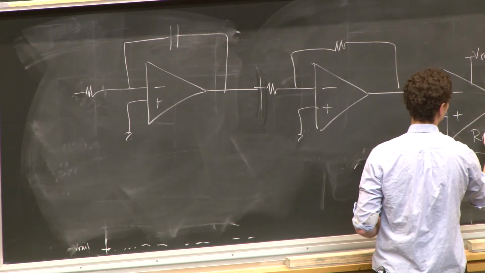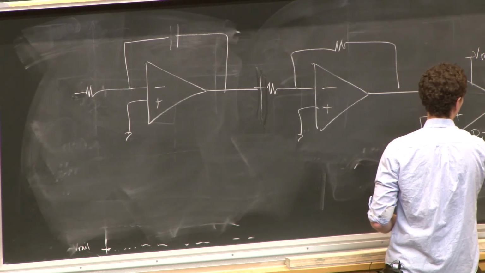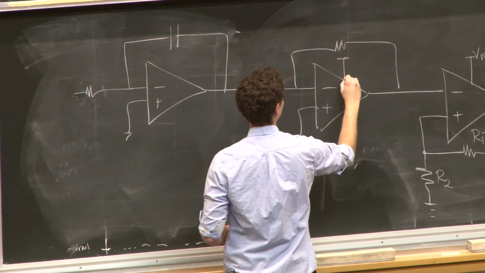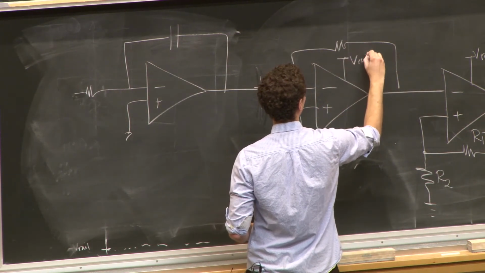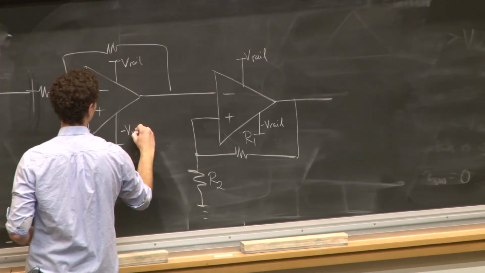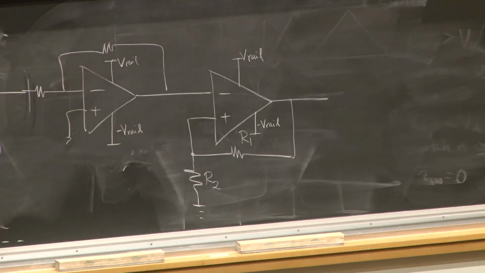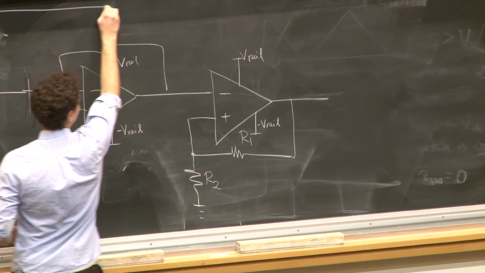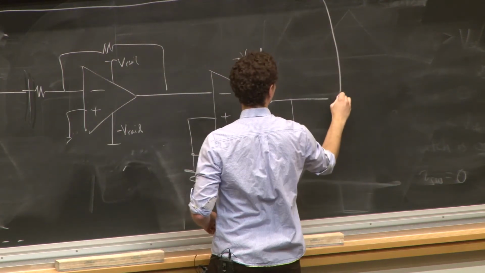So if we have still the same rail on every amplifier, and also over here, V rail and minus V rail, you take this resistor all the way over here.